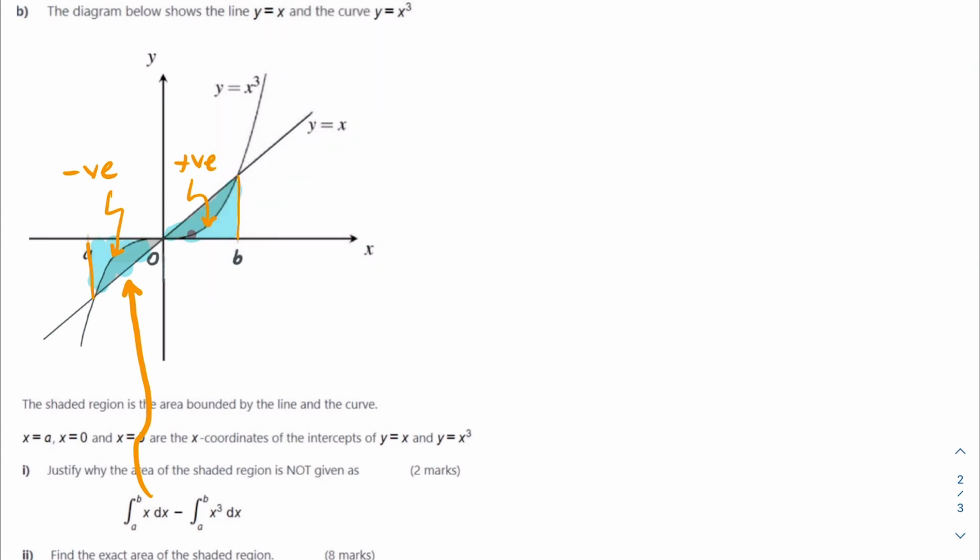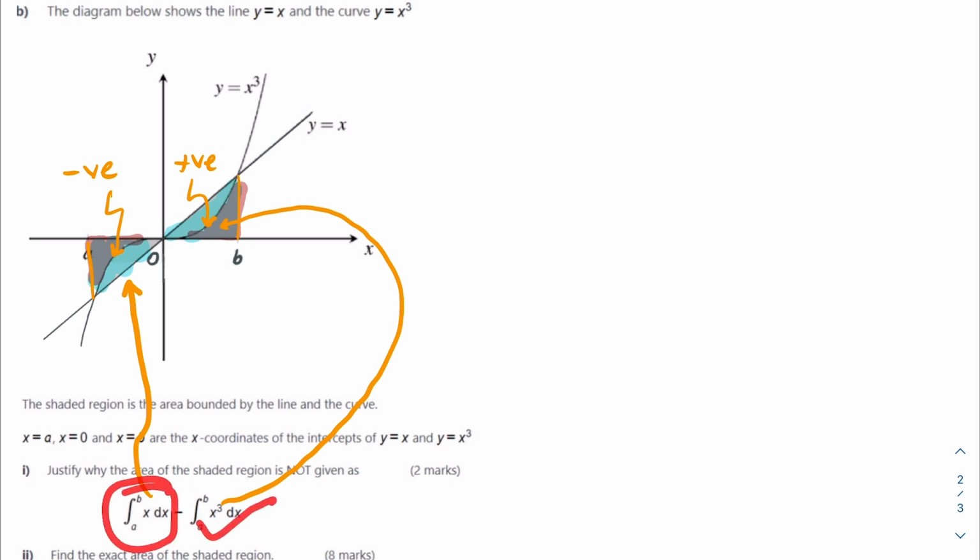So I can shade that in a darker color. So that's the area under the cubic function. And again, the area here would be negative, the area here would be positive. So for this part, it's okay. You can subtract something small from something big. And if they're both positive, that's fine. For this part, it's not so fine because you've got something negative and you're subtracting from it something negative. So you're going to get a negative area.